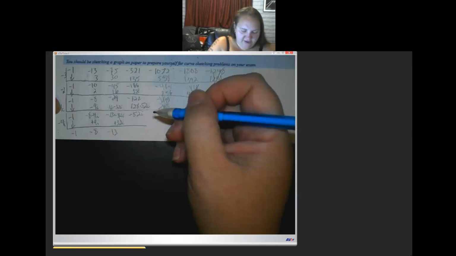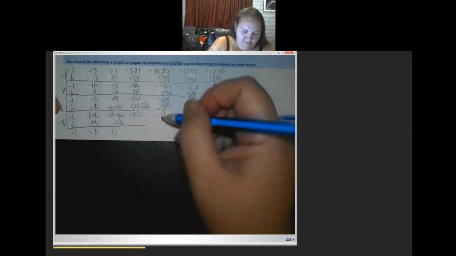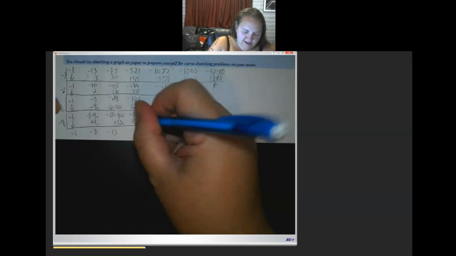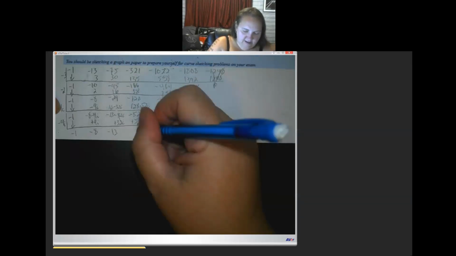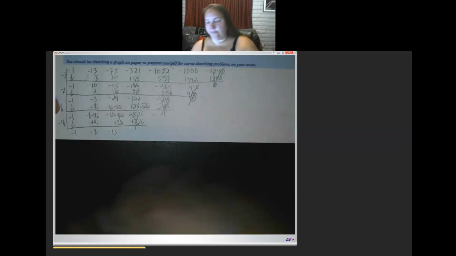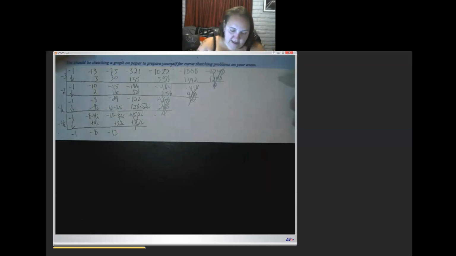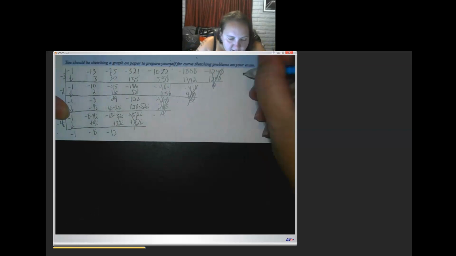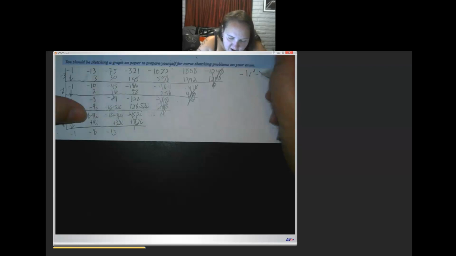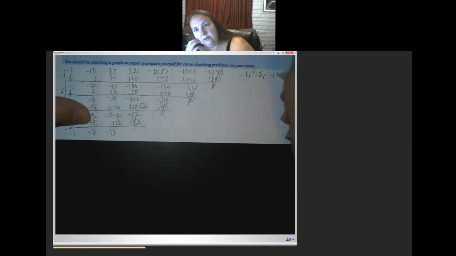And then negative 13 times a negative 4i would be a positive 52i. And then that's gone. So we are left with a negative 1r squared minus 8r minus 13.